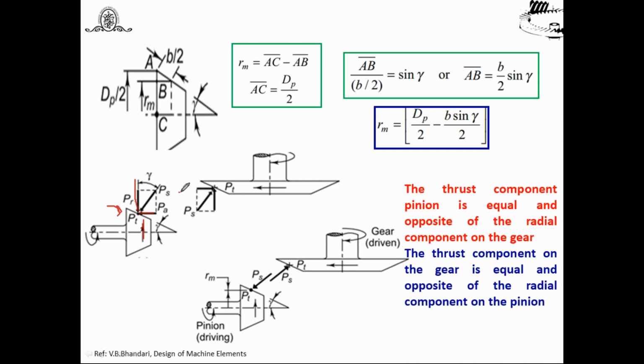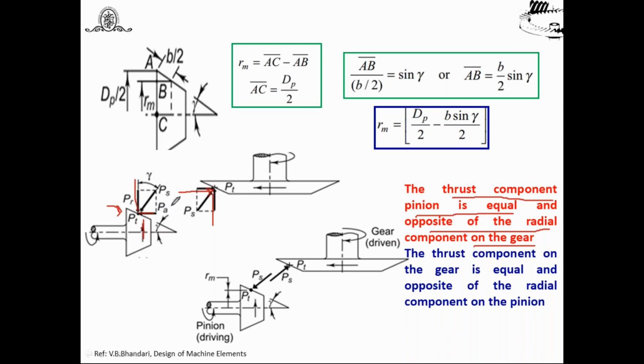Now look at this here. What is this? Here it is shown. A very interesting and important thing here: the axial or thrust component of a pinion, I have written here, look at this. The thrust component of a pinion is equal and opposite to the radial component of the gear.